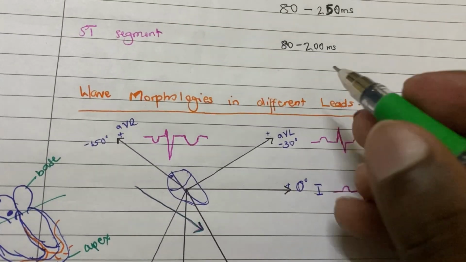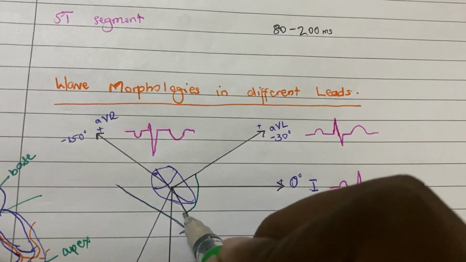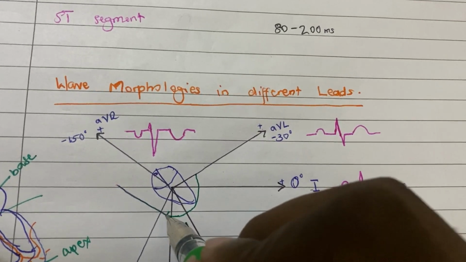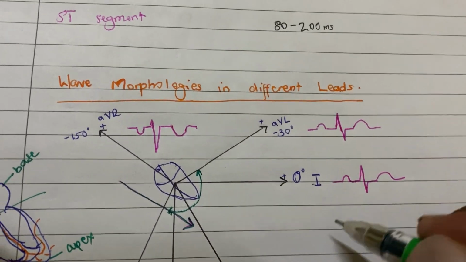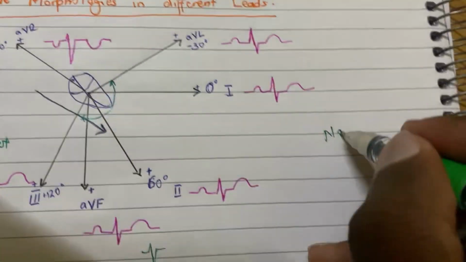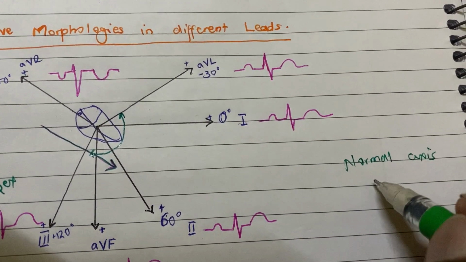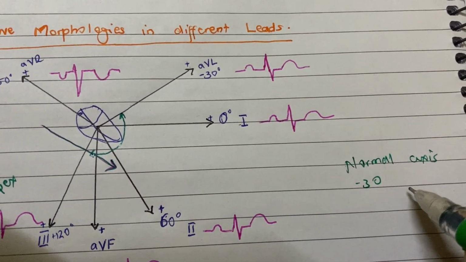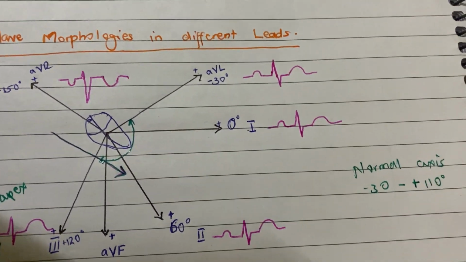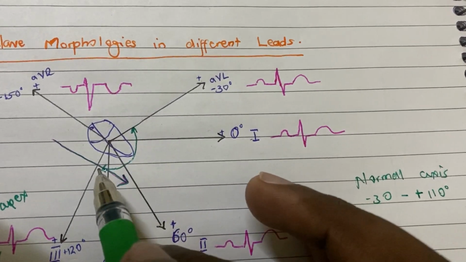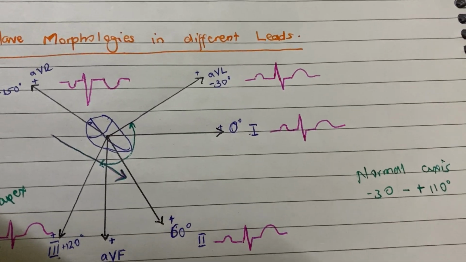So for this case, the normal axis can range from here to around 110 degrees. The normal axis is between -30 and positive 110 degrees, from AVL going to in between lead 2, lead 3, and AVF.